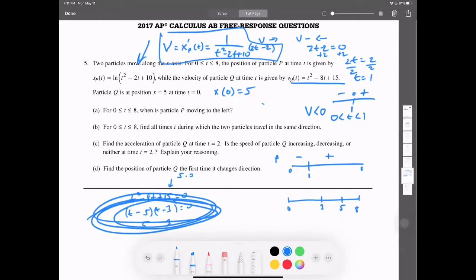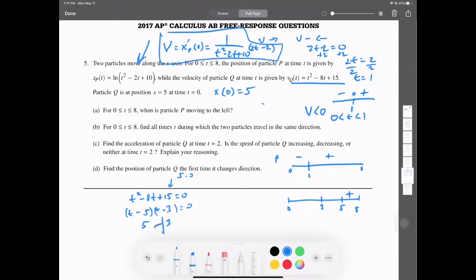So we're positive over here. If I pick a number between 3 and 5, let's say 4, the second factor would be positive, but the first factor would be negative. So we're negative here. And if I plug in a number between 0 and 3, let's say 2, they would both be negative, so this would be positive again.